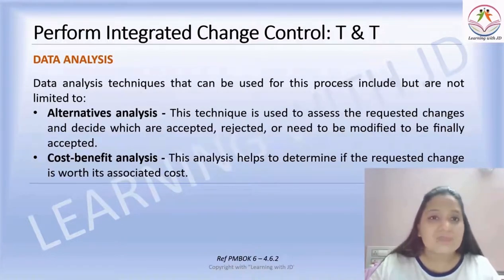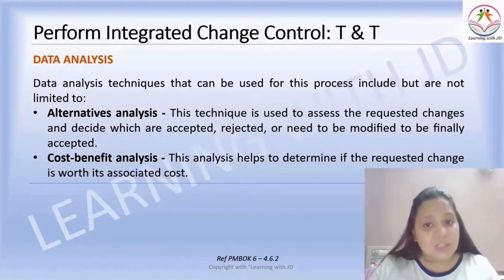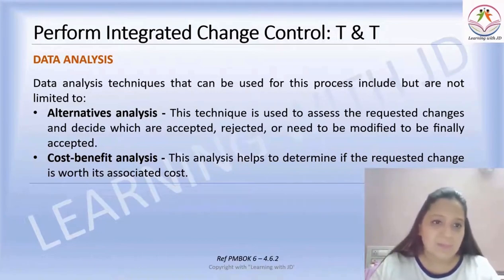Again, the data analysis. We use data analysis during monitoring and controlling project work as well. Similarly, you will use it during your perform integrated change control process. So alternatives analysis, we already spoke about this previously. This technique is used to assess the requested changes and decide which are accepted, rejected, or need to be modified to be finally accepted.